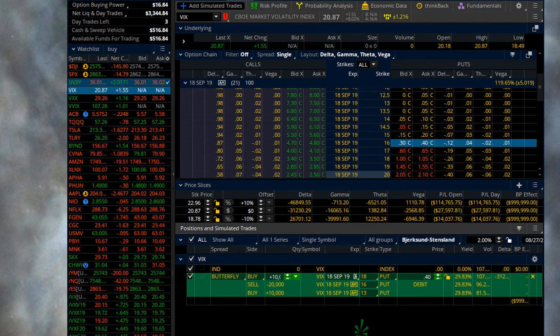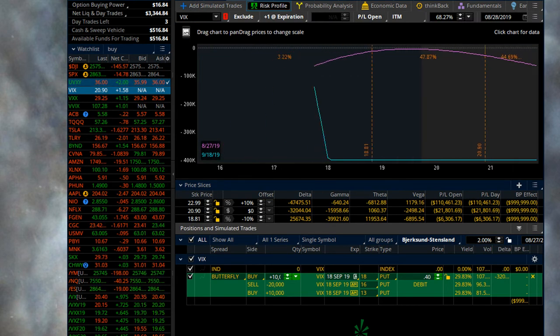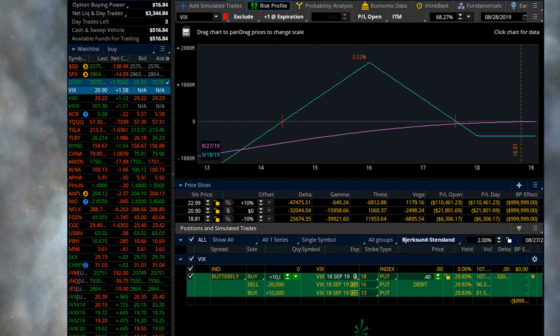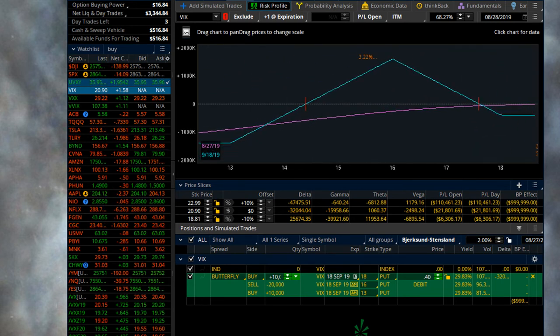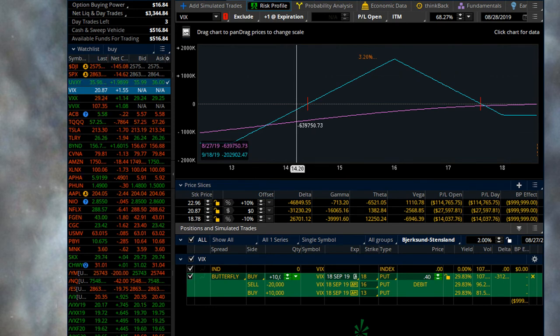So if we model this trade, you're making money between 14.50 and 17.50.